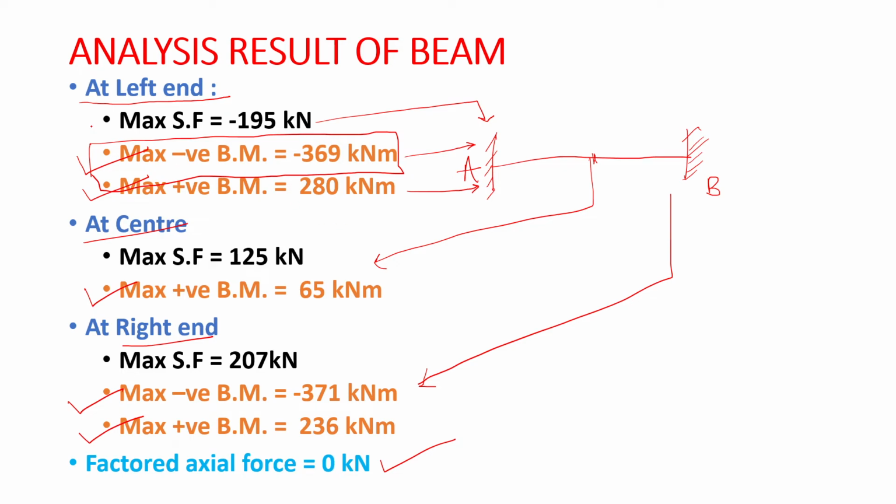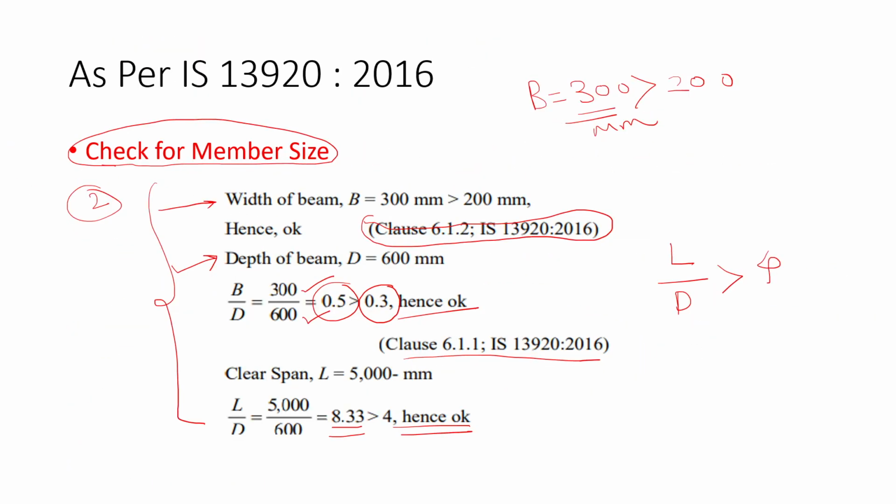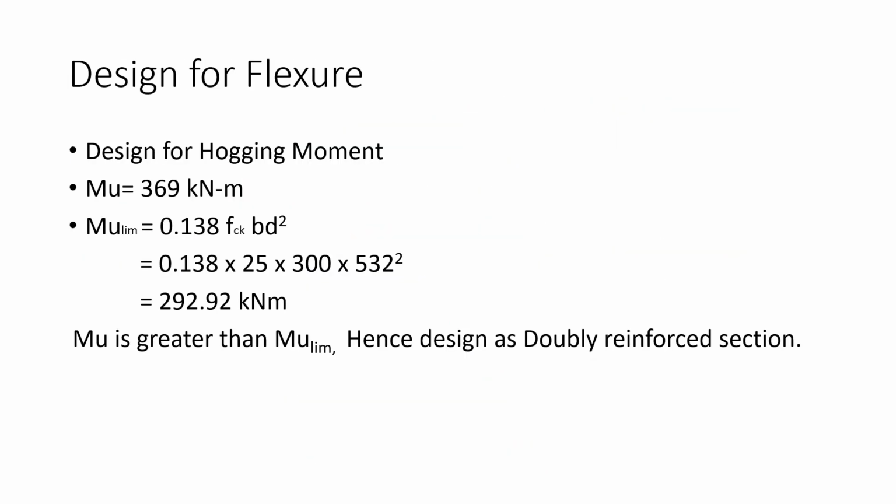Now remember, at the left end, the negative bending moment is minus 369. So we are going to check. Things to remember: this is the left end and the bending moment is negative 369.